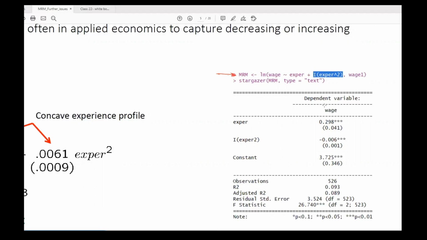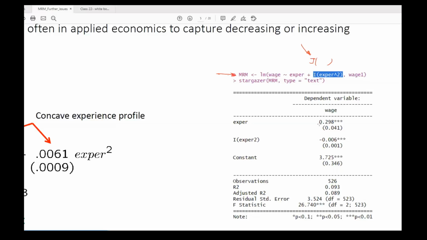Make sure that you put this I thing, because if you don't put that, R gets confused. It's going to treat it as an arithmetic operation in that equation, and it's not going to look at it as a separate variable. So if you don't put this I, R does not understand that you're talking about experience squared as a separate explanatory variable. Okay, so make sure that you put this I thing.